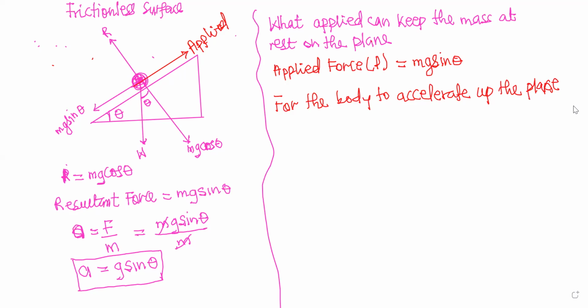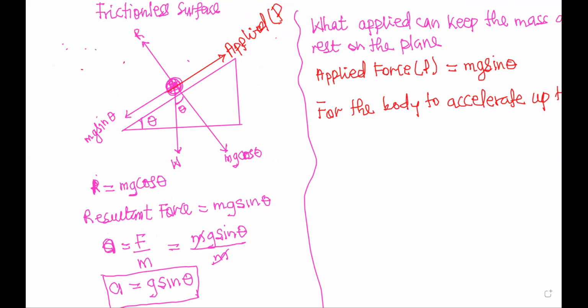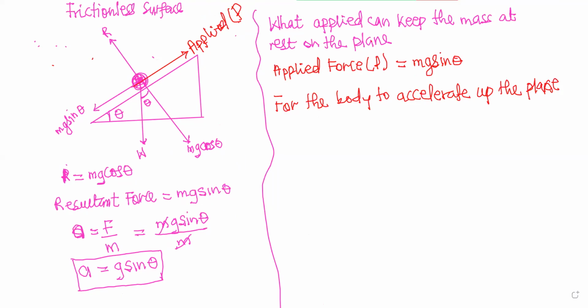For the body to accelerate up the plane, what must be the relationship between the applied force P and the unbalanced force? The applied force must be greater than the unbalanced force.